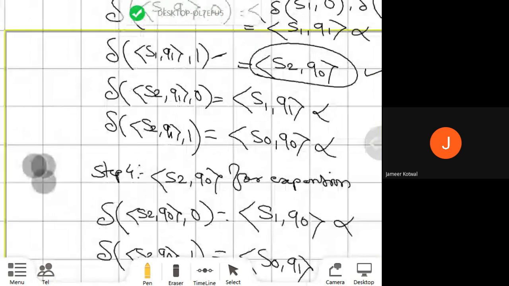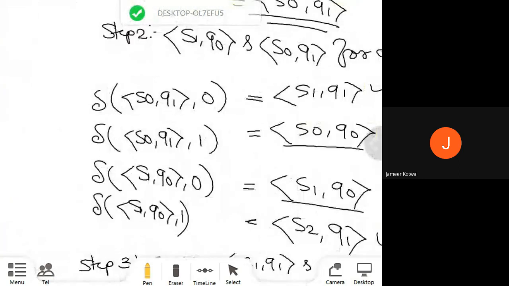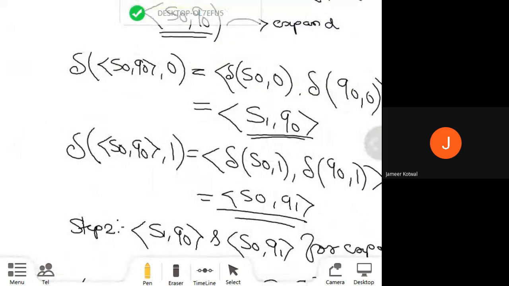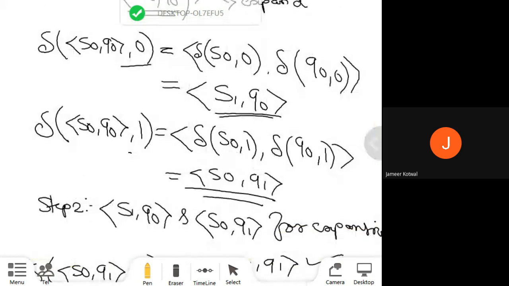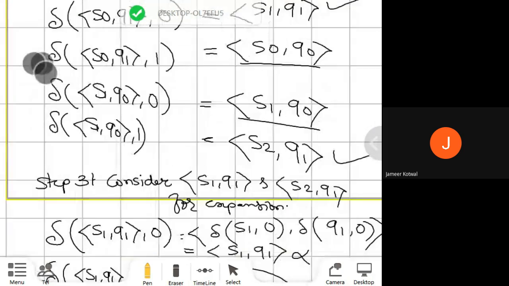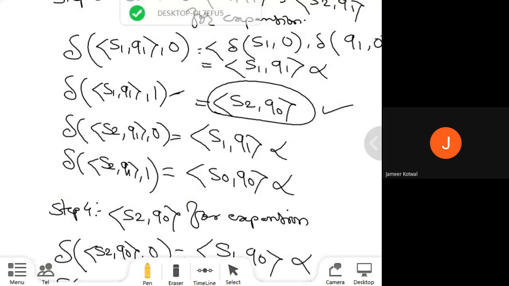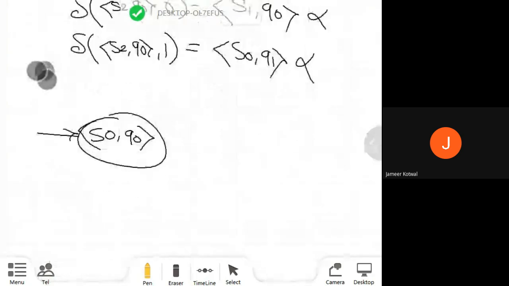S0 Q0, in step number 1, we have considered this as the initial state and we have expanded. By processing 0 we have reached S1 Q0, and by processing 1 we have reached S0 Q1. So now in the initial state we are going to process in this way only, बरोबर?